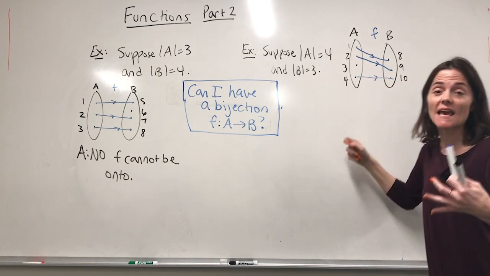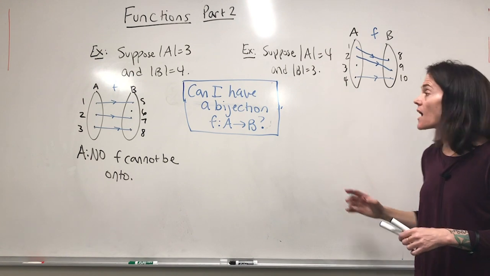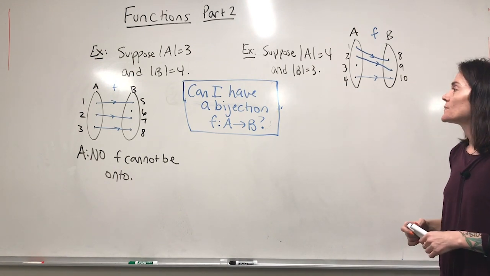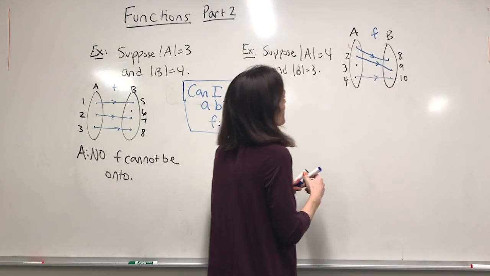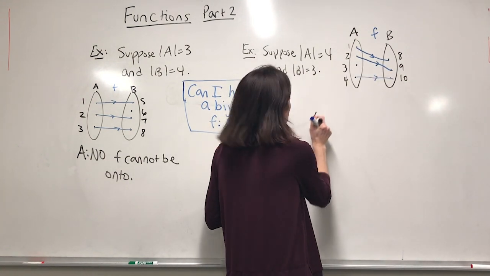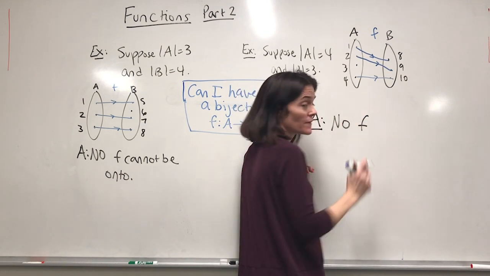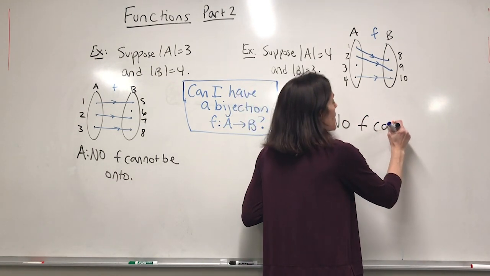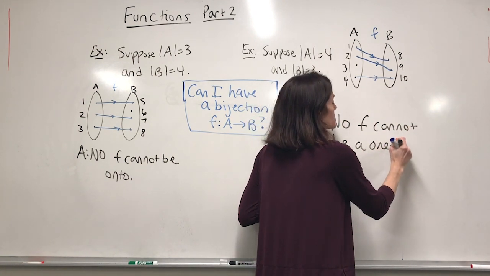That would be a second arrow that goes into 9, and then it is not 1-to-1. So here the answer is no: if you do have a function, it cannot be a 1-to-1 function.